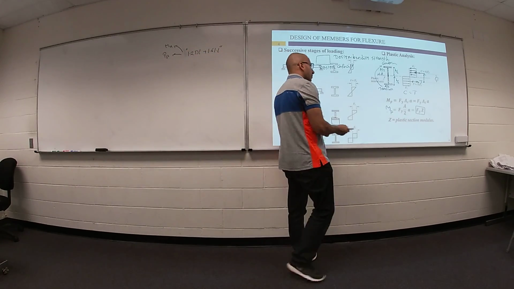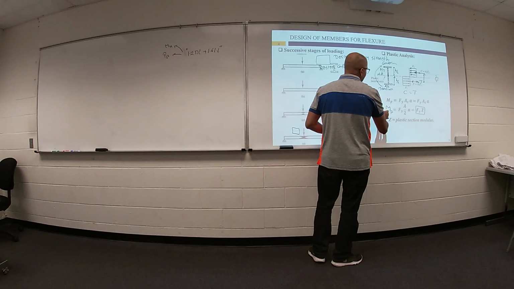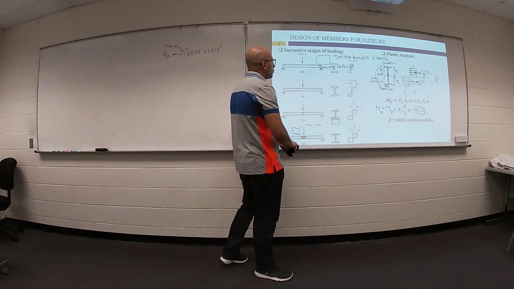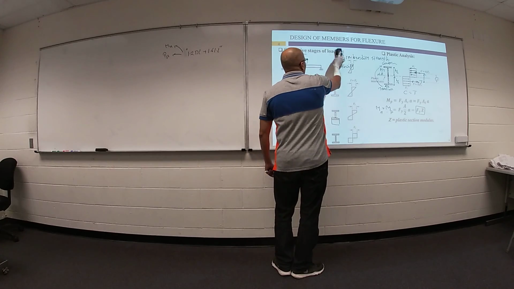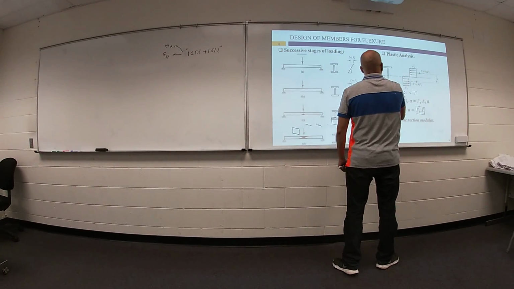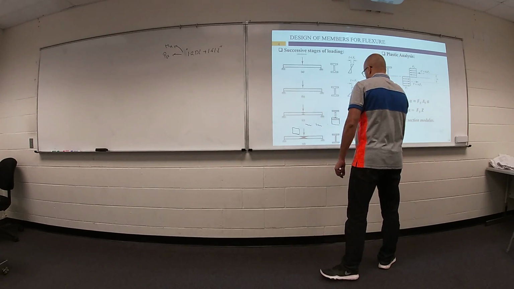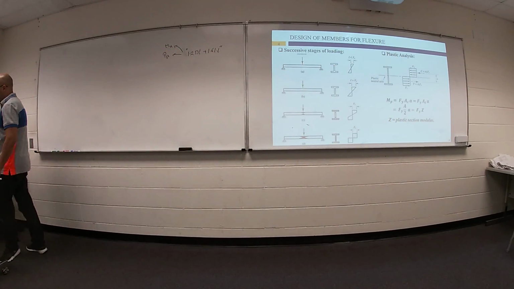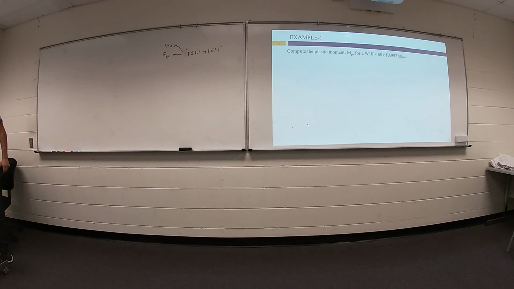One more time, your plastic moment is your nominal moment. If you would like to get your design moment, you need to multiply it by Phi. We covered this example last time.